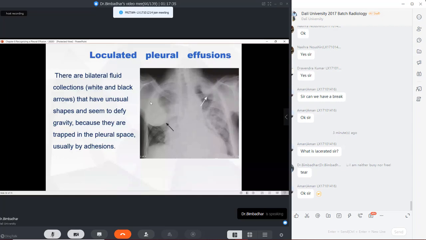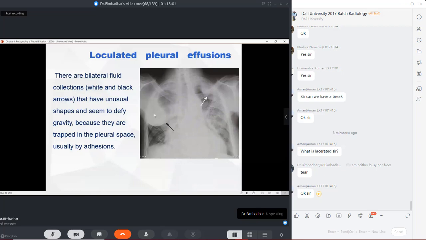It is hyperdense, and you see here it has a rounded shape, but it is present on the higher sides of the body, in the upper lobes of the hemothorax. But they are trapped inside the pleural space. So such an effusion is generally called a loculated pleural effusion. They will not have the effect of gravity.